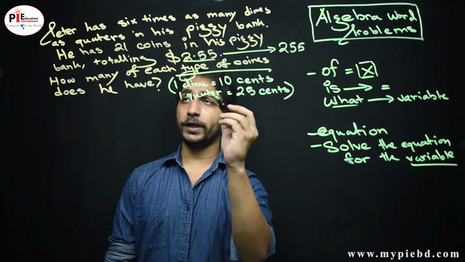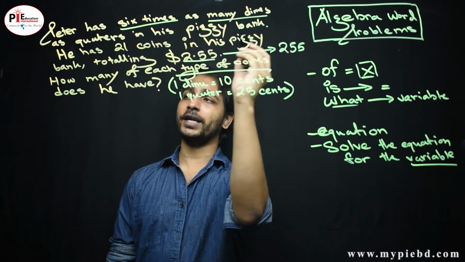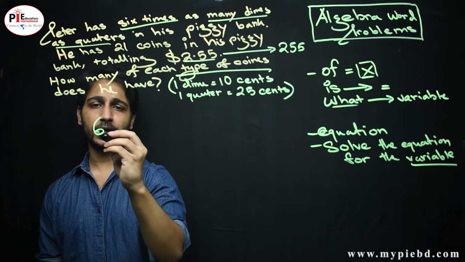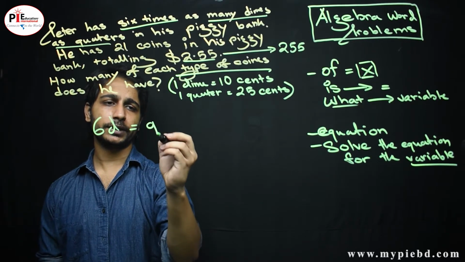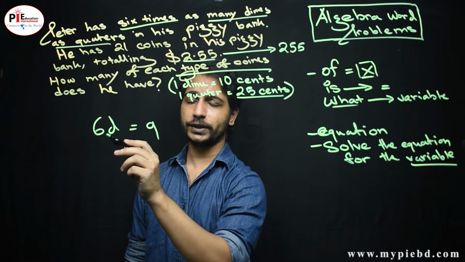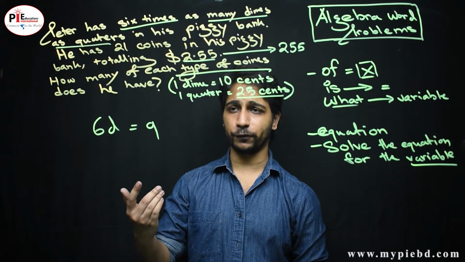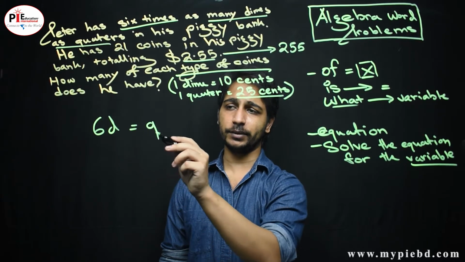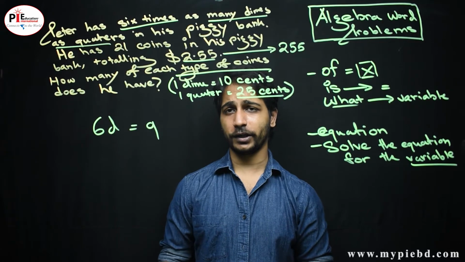We know that he has 6 times as many dimes as quarters, so 6 dimes for every quarter. So 6D is going to give you Q, and Q in this case would stand for quarters. Now, we could say that 6D plus Q will equal 21, and we could set it up like that.